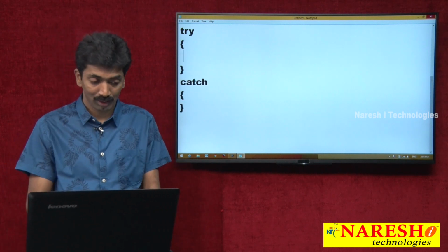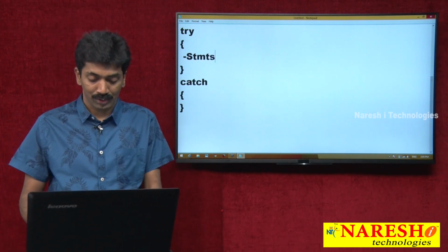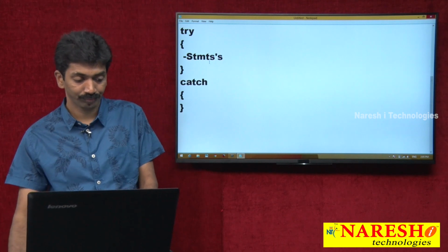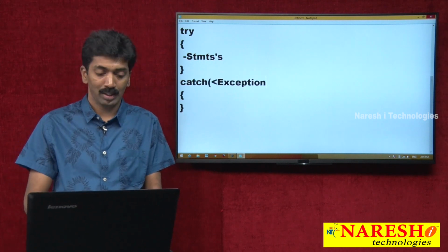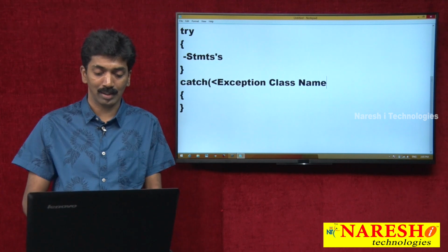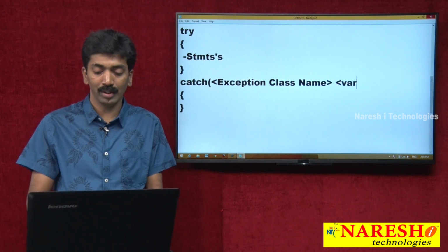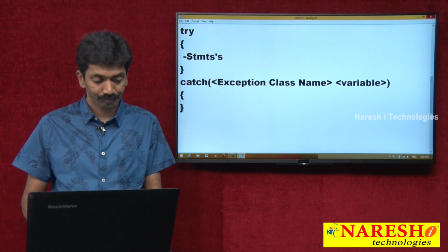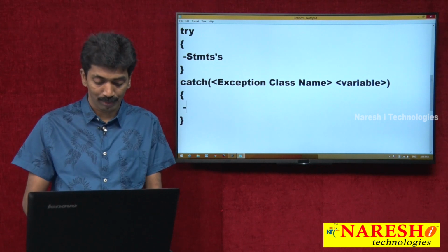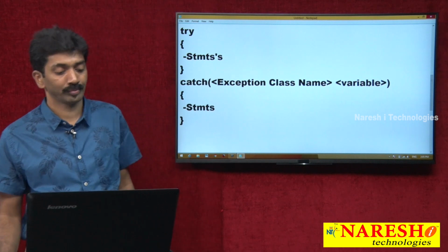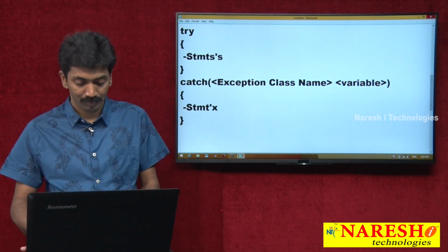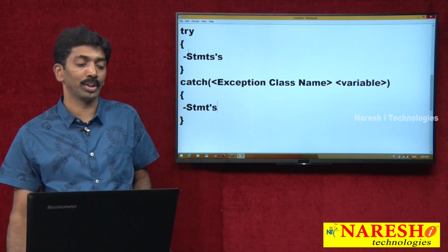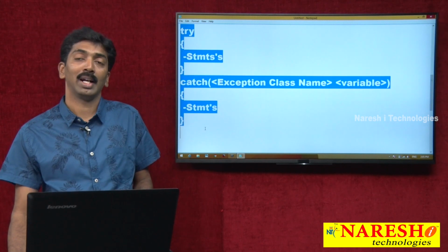Try with some statements, catch exception class name followed by a variable, and some statements here. Some statements over there. Like this, we can put the code in the try catch block and handle the exception.